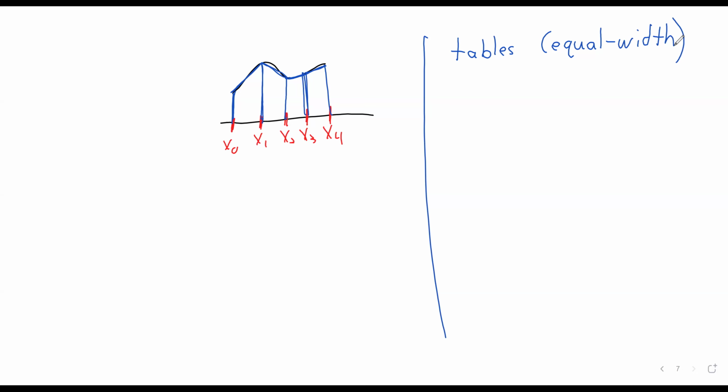And that's because when you have a table, you're being given part of a graph, essentially. You're being given a very small part of a graph.